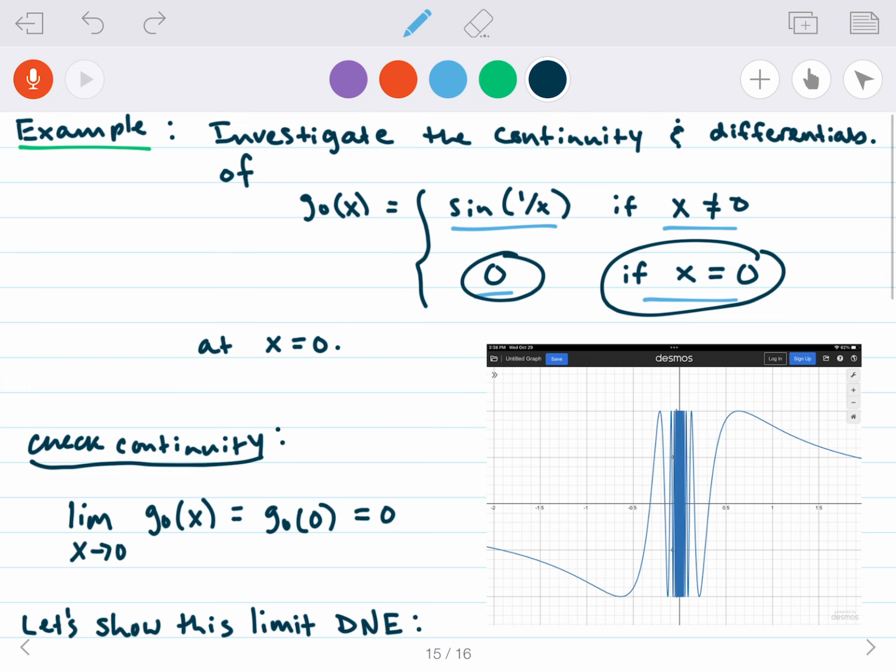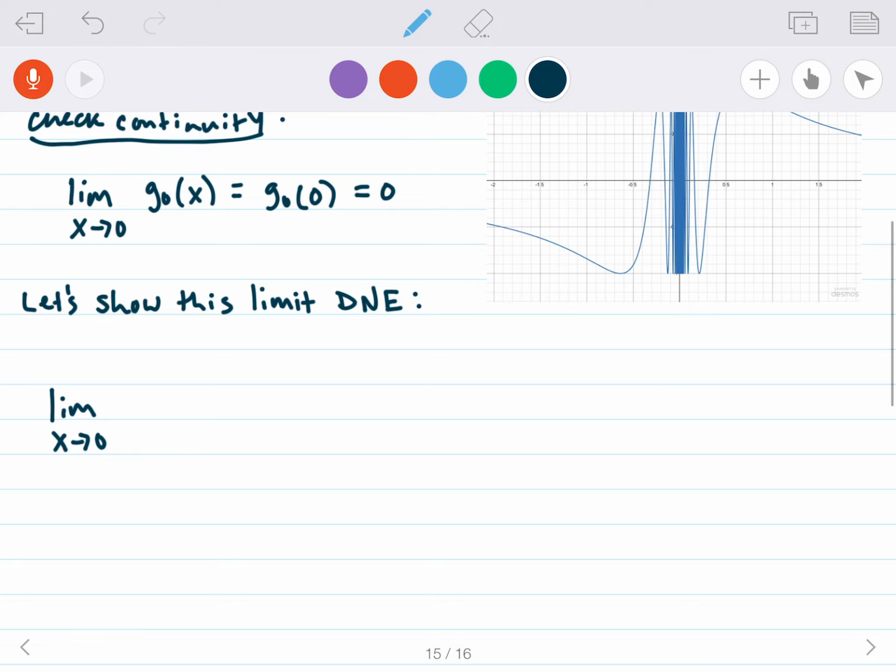Which piece am I going to use? I'm not going to use the piece at x equals 0, because with limits, I don't care what happens at x equals 0. I care what happens around x equals 0. So I'm going to use this piece here. I'm trying to find the limit as x goes to 0 of sine of 1 over x.